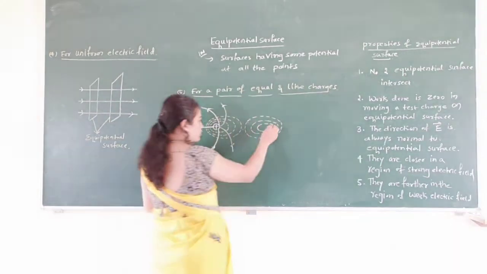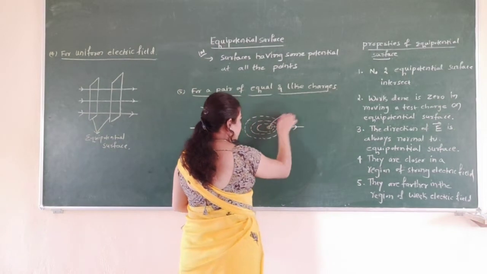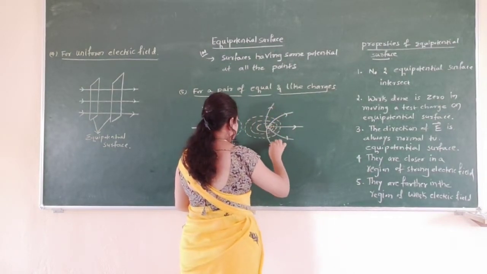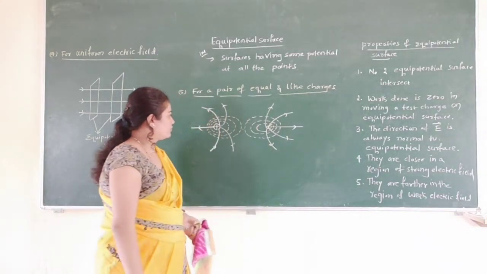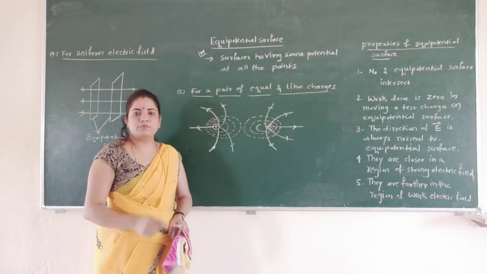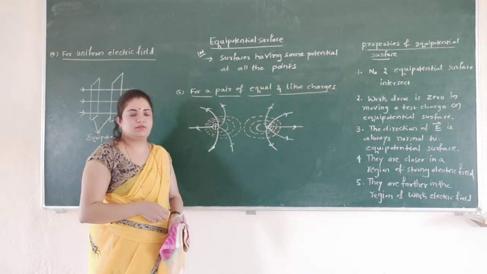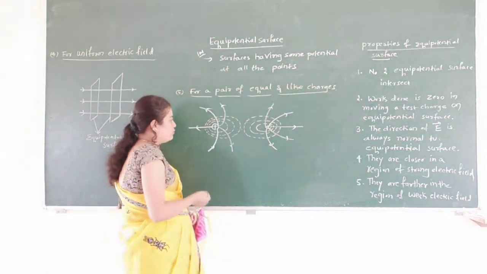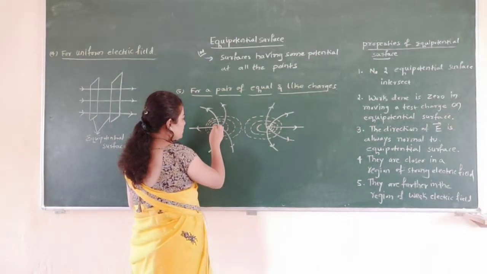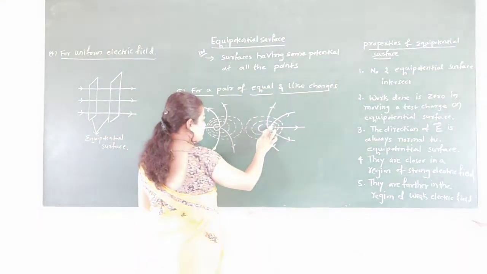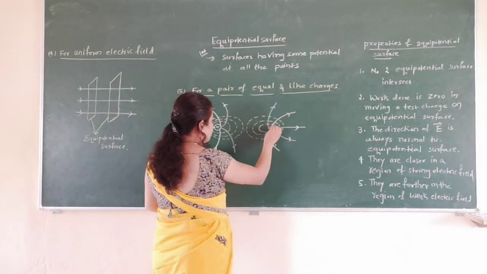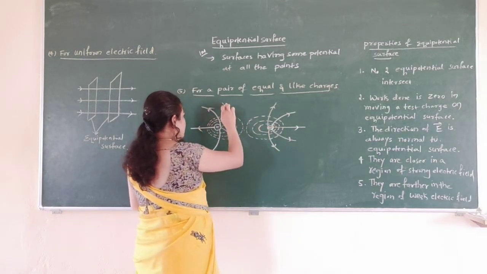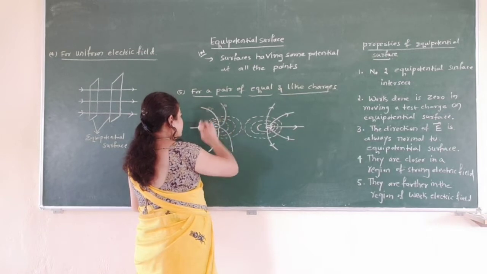If 5 lines, here also 5. So for a pair of equal like charges, if both are positive, we will give arrow mark outward. If both are negative, minus, here also minus, then we have to show arrow mark in the opposite direction, towards.